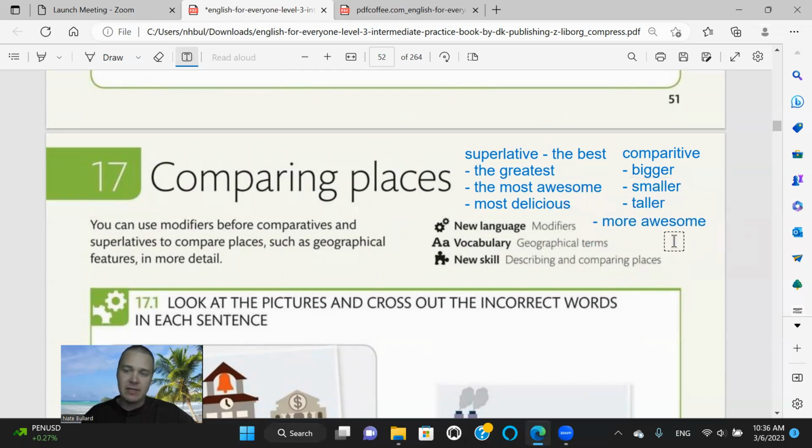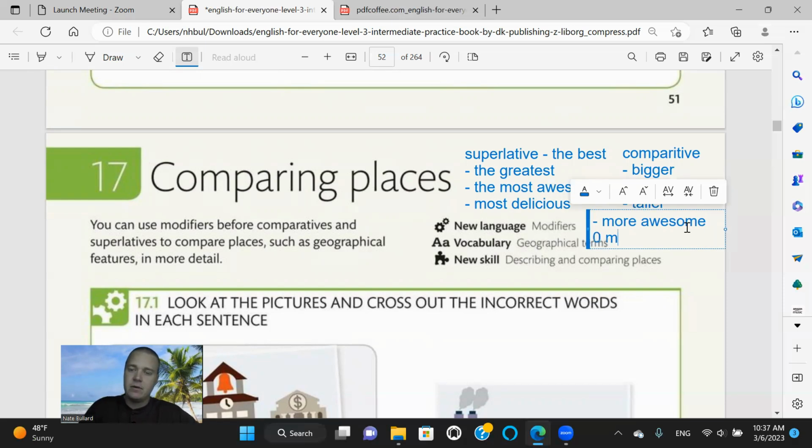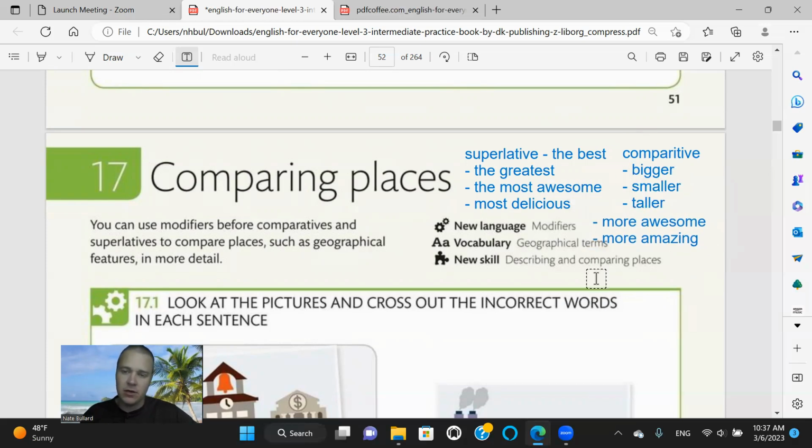Generalmente, si es una palabra más larga, de más que 2 sílabos, muchas veces vamos a decir more y después la palabra, more awesome, more amazing. Pero si es una palabra corta, muchas veces vamos a hacerlo así, bigger, smaller, taller.